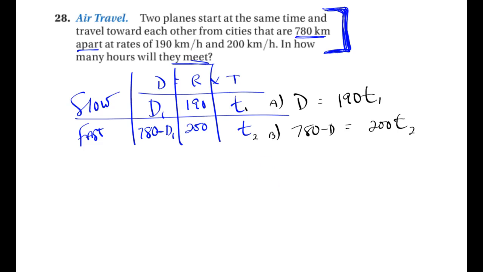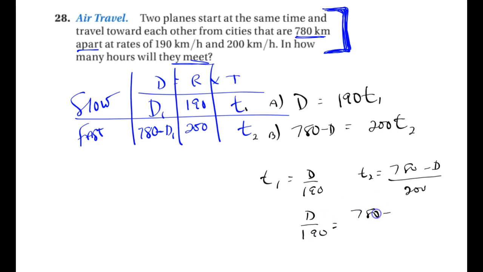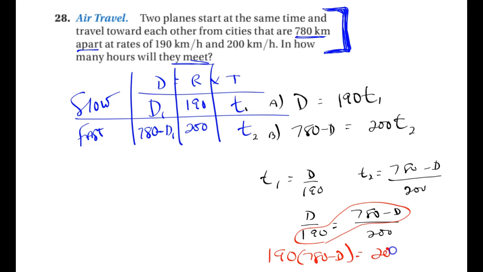So time 1 would be d divided by 190. Time 2 is 780 minus d over 200. And then I would set those two times equal to each other and cross multiply. So 190 times 780 minus d is equal to 200d.